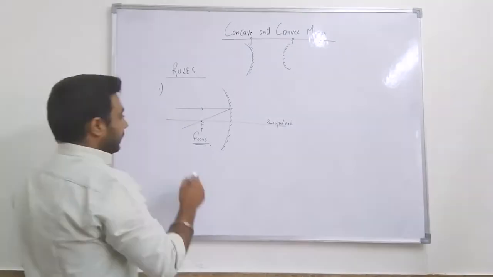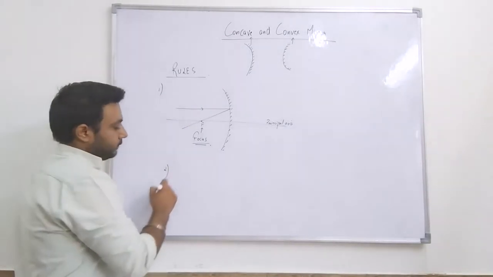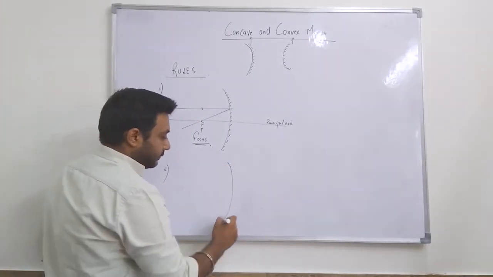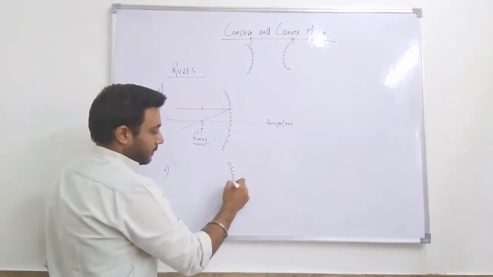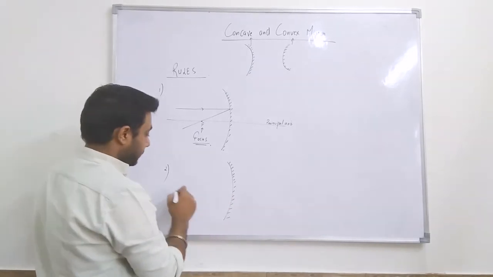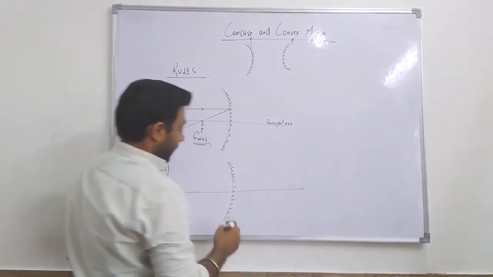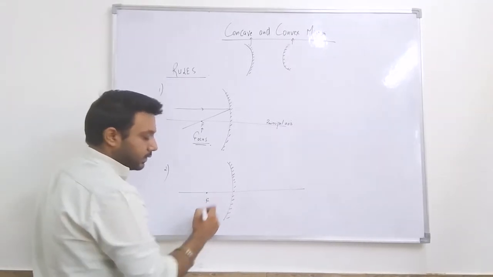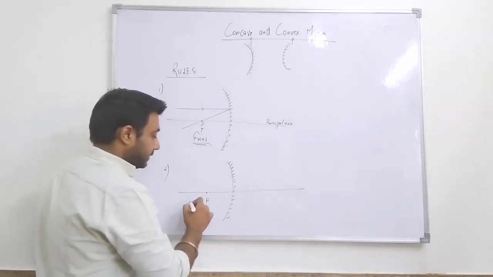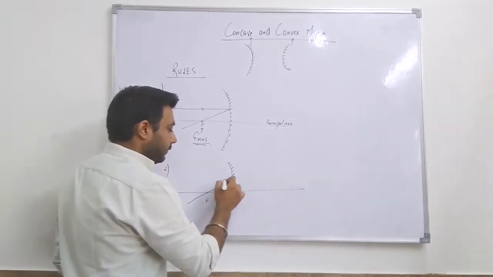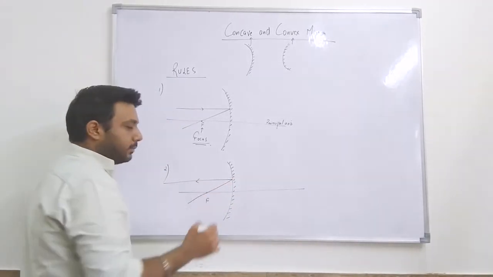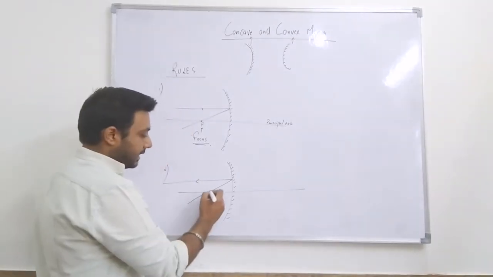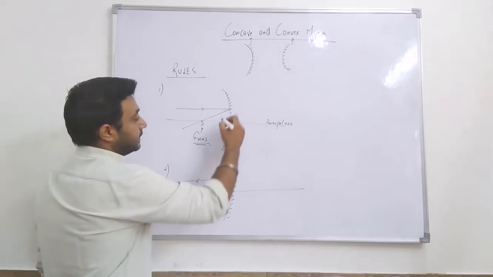Okay. Now next, rule number 2. If this is a concave mirror and a ray passes through the focus, then it will reflect back parallel to the principal axis.